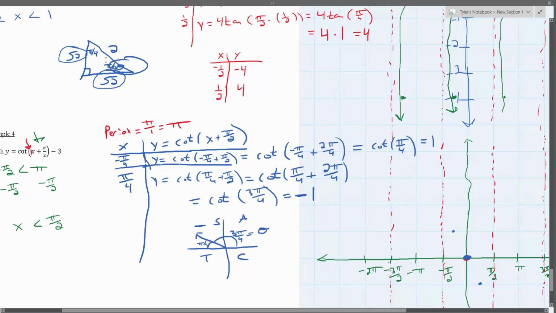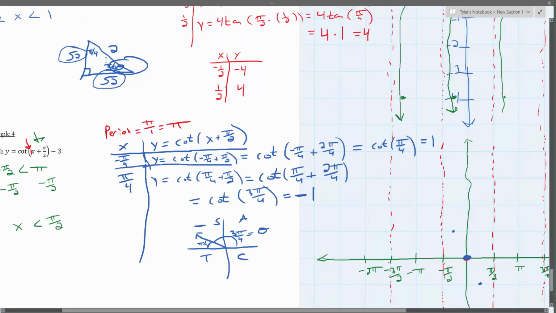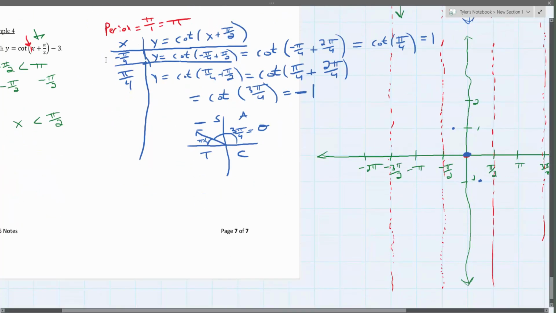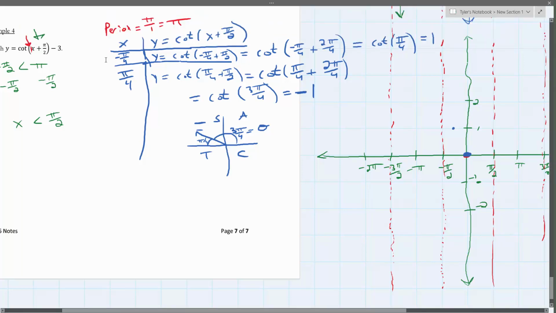Halfway in between, I'll let these tick marks just increase by 1. So then now we know the general shape of the graph, right?